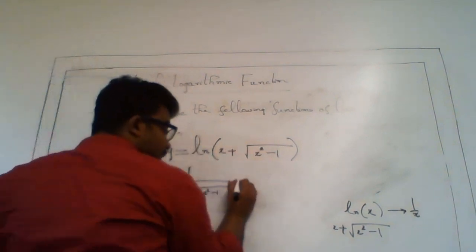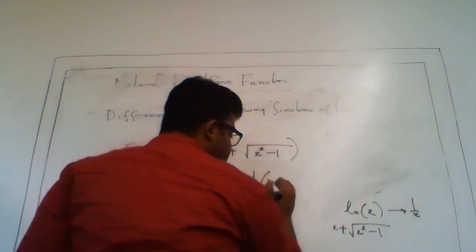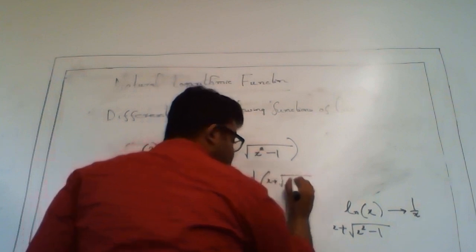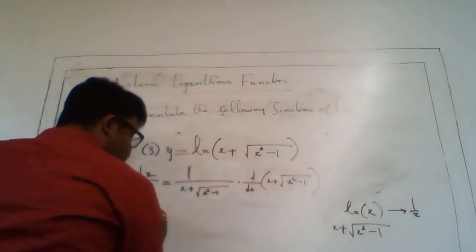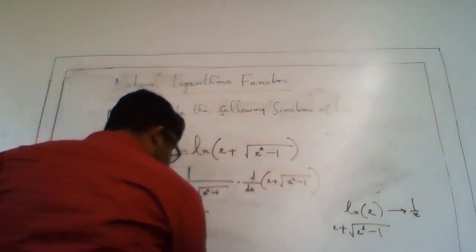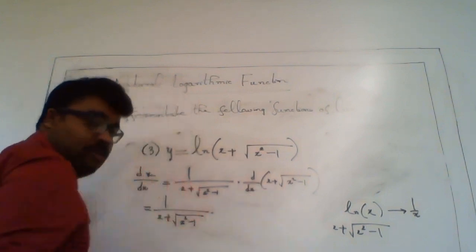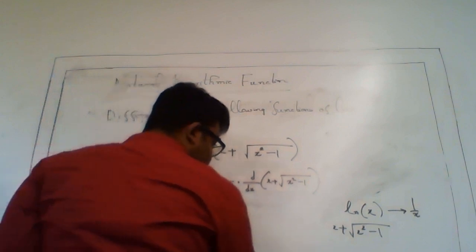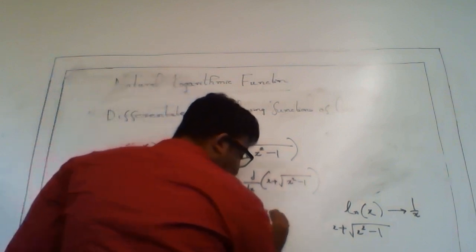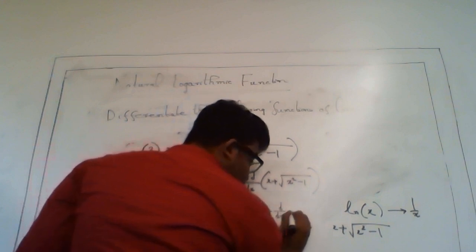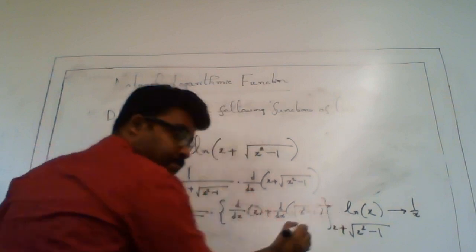whatever this is, we have to multiply with the derivative of the inner function, that is d/dx of x plus square root of x squared minus 1, right? So the first part will be as it is, 1 by x plus square root of x squared minus 1, times d/dx of x plus square root of x squared minus 1, which is equal to d/dx of x plus d/dx of square root of x squared minus 1, right?